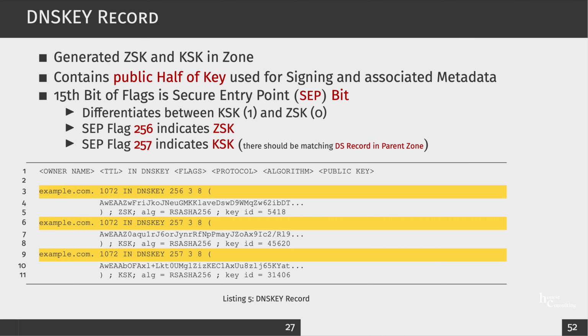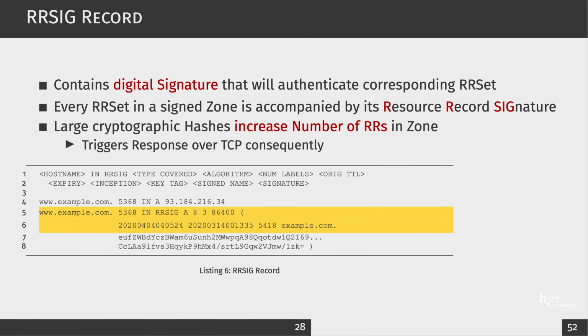It's the zone signing key that is used in this specific DNS zone, and then there are 2 key signing keys, line number 6 and line number 9. So these are 2 different ones with 2 different IDs, and it is quite common to keep more than one key signing key for redundancy reasons.